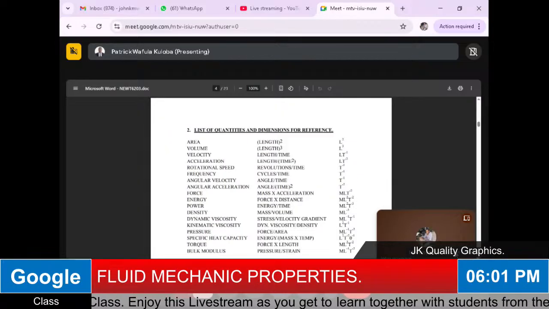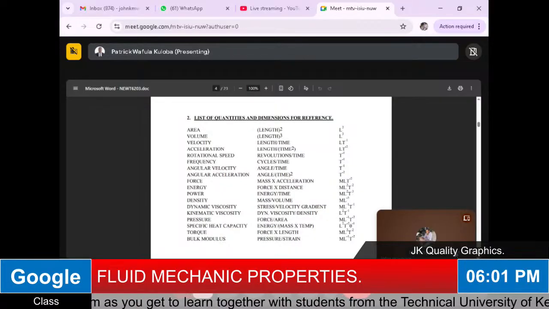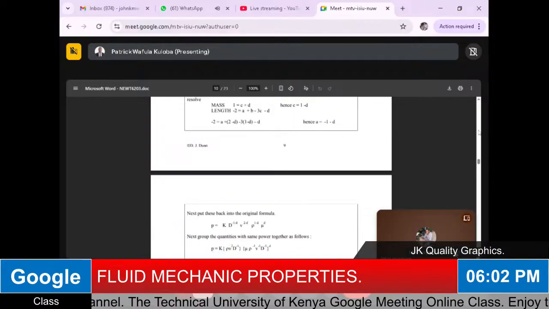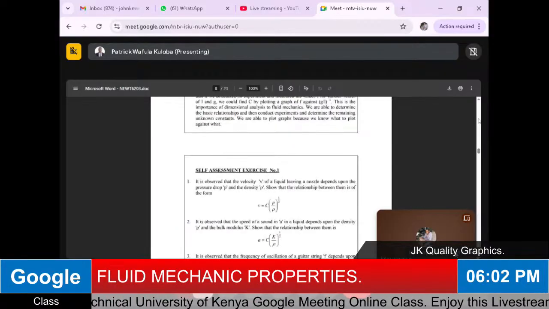You can see the last one: the MLT equation for bulk modulus is M L raised to minus 1, T raised to minus 2. Look at that and that of pressure, they're almost the same. Bulk modulus and pressure are almost the same. So if you repeat that, you get that formula.